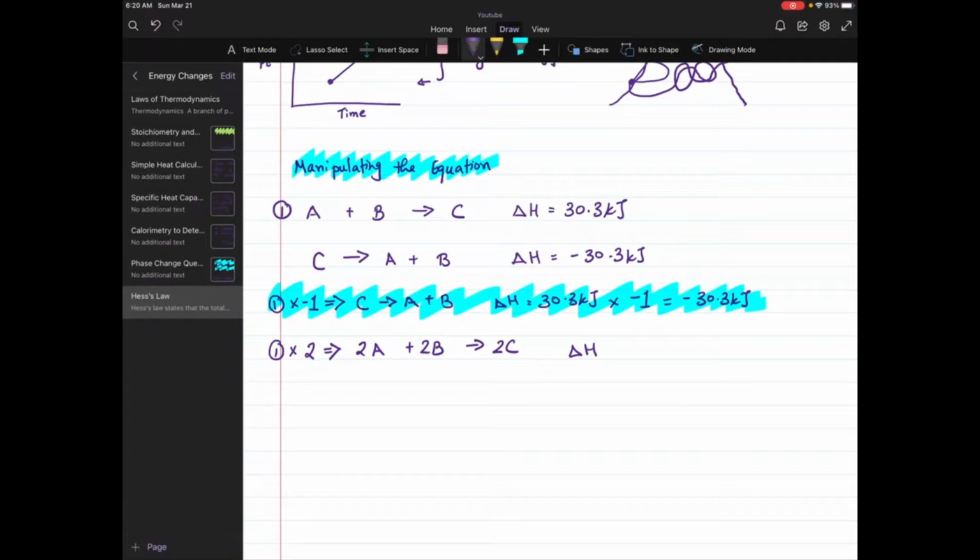So instead of 30.3 kilojoules, this will be 30.3 kilojoules times 2, and therefore the value is 60.6 kilojoules of energy. So those are two ways of manipulating the equation. These are the two ways that you will be using to manipulate multiple equations so that when you add them up, you get your target equation.